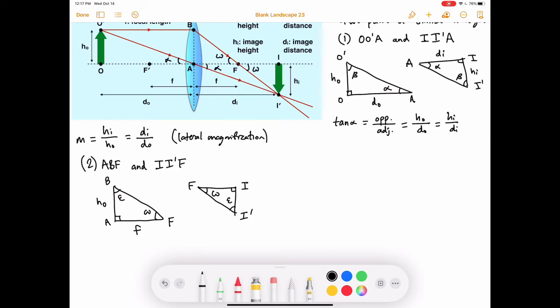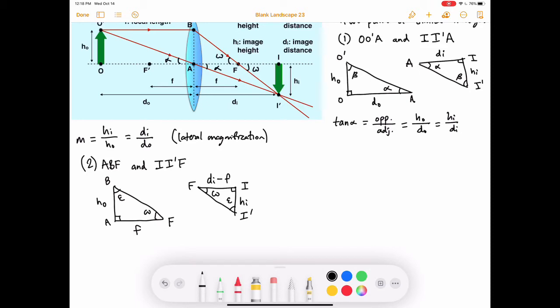Now, the distance here between I and I prime is HI. So that's this side length on the triangle. And then the distance between I and F, this distance is DI minus F. So this is the image distance minus the focal length. Okay, so those are the two triangles.